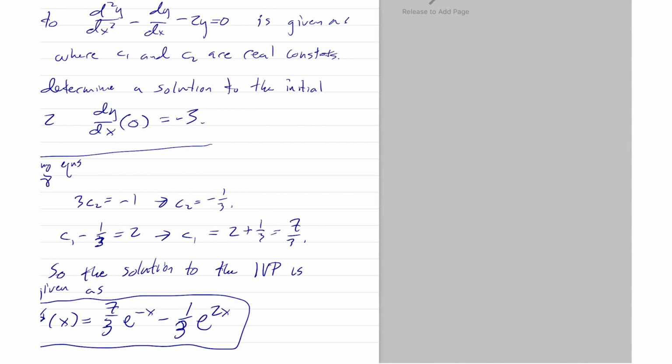So then you're left with this last question: when is there a solution to an initial value problem? So when can an initial value problem have a solution? That's a really good question.